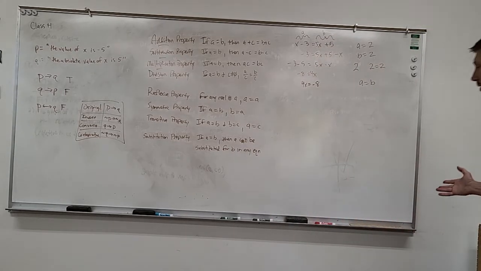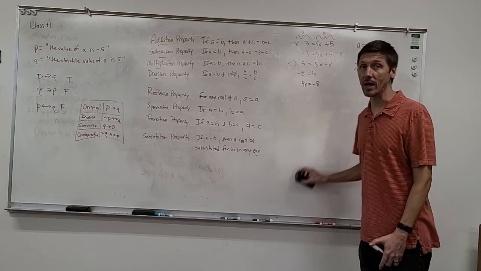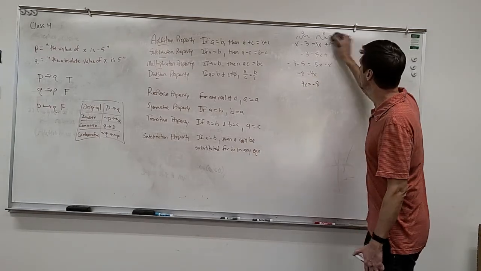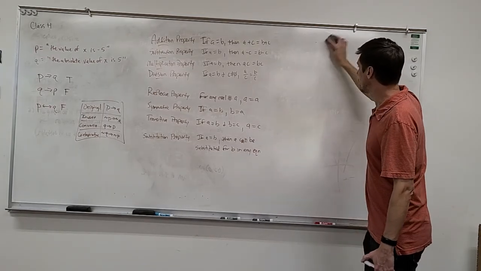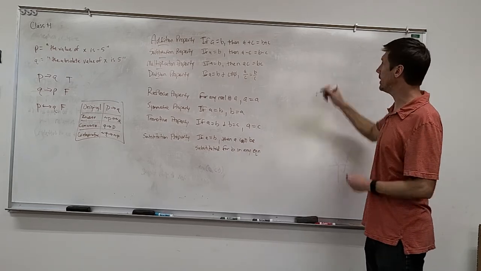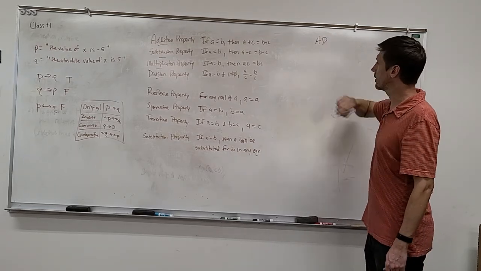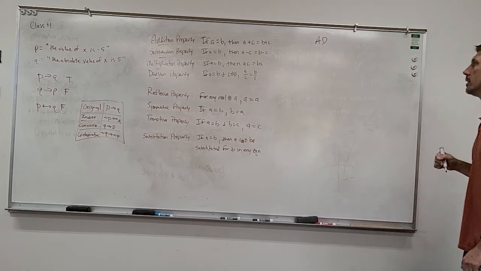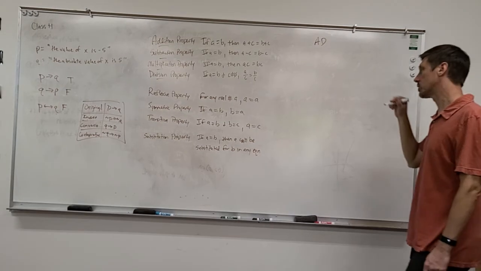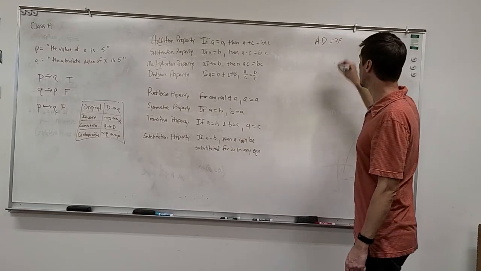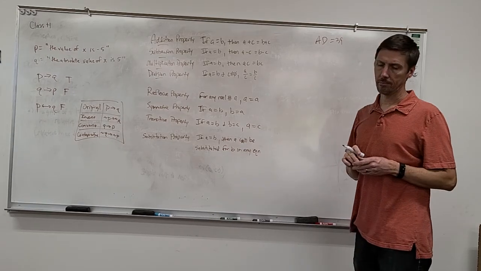Had I done number 1 right, not had the typo on number 1, and said that AD was the total length, AD was equal to 39, that's what I meant to say.